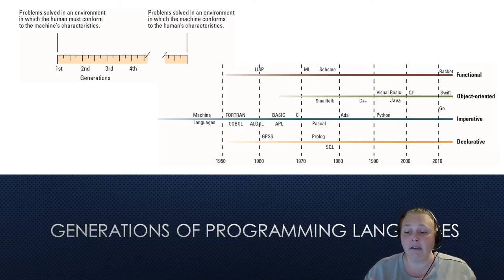The declarative has the programmer describe the problem instead of the algorithm. This is where SQL lies, if you know SQL, which interfaces with databases. It uses pre-established algorithms, so you're going to use algorithms that already exist and put them together in a way to make them work for you.